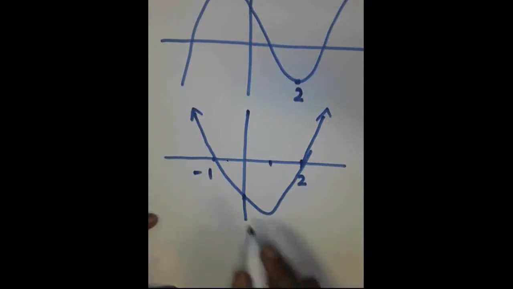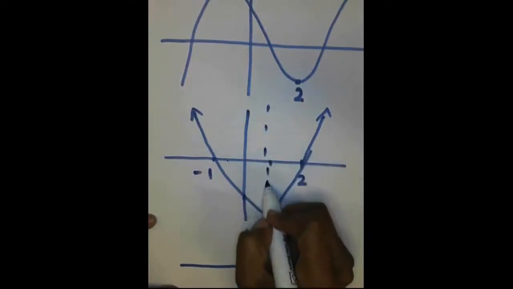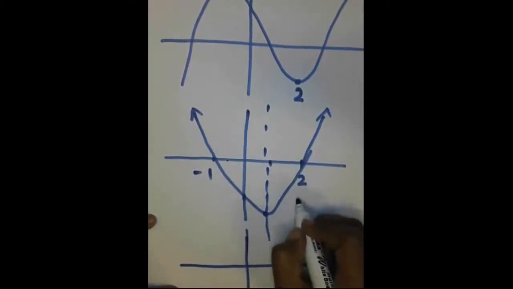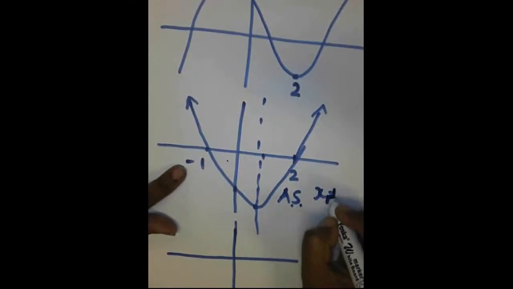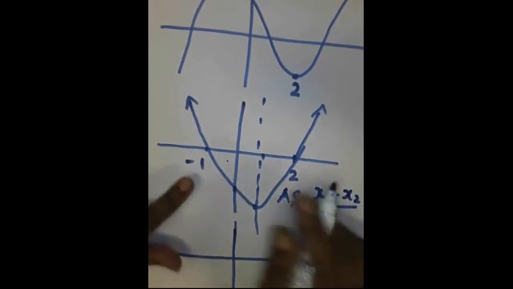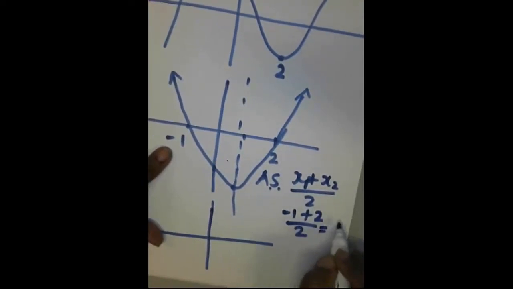In other words, ladies and gentlemen, if I get the axis of symmetry of this graph, what will be the axis of symmetry? Well, very simple. The axis of symmetry will simply be x equal to (x1 plus x2) divided by 2, because it's the halfway mark. So it will be (-1 plus 2) over 2, which gives me a half.